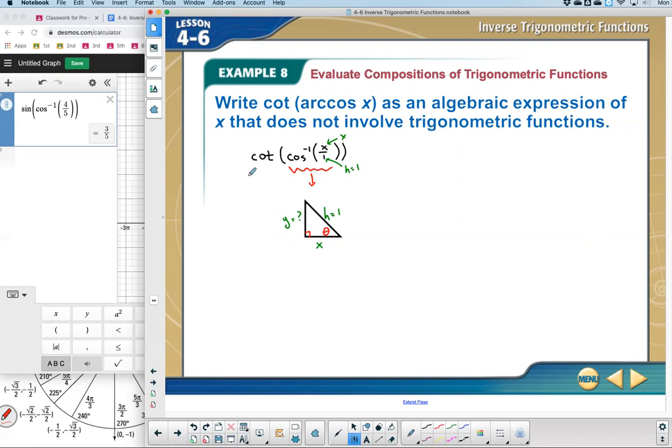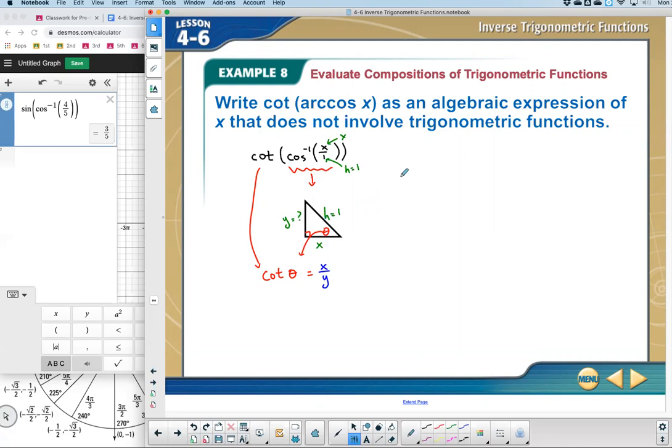In a second, I'm going to have this cotangent come down, and this very same angle that technically I'd be solving for is what will supply our answer. Sine is y, cos is x, tangent is y over x, so cotangent is going to be x divided by y. So I need to know what my y is. We know x is x, but what is y?